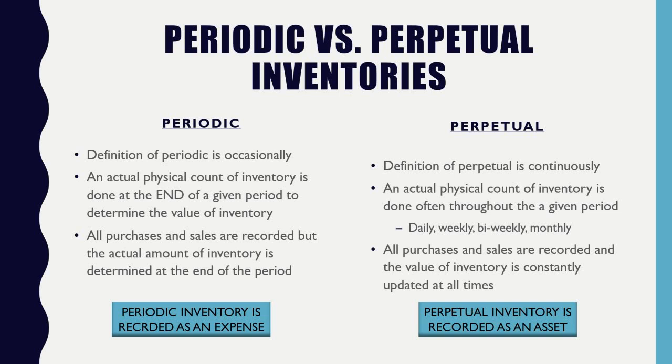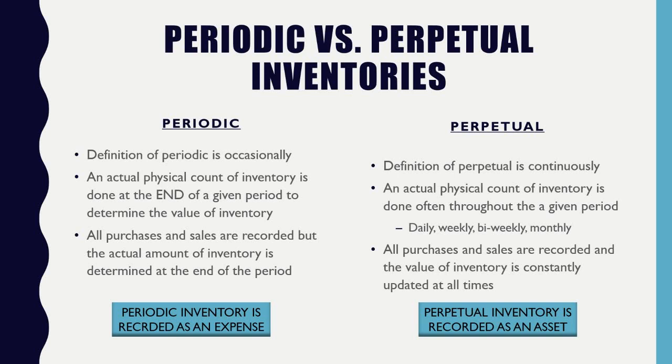So that is periodic inventory. All purchases and sales are recorded, but the actual amount of inventory is determined at the end of the accounting period when you take a physical count. Okay, so now that's periodic.